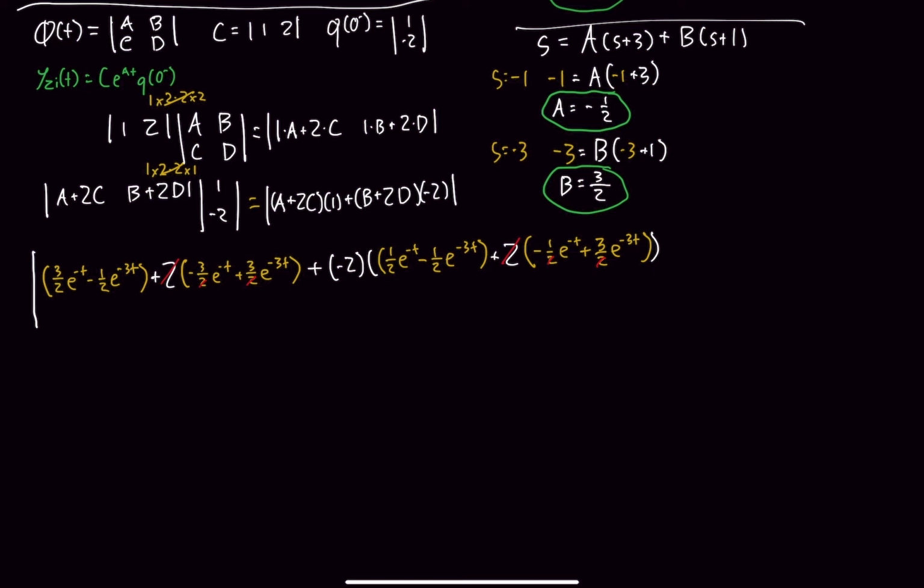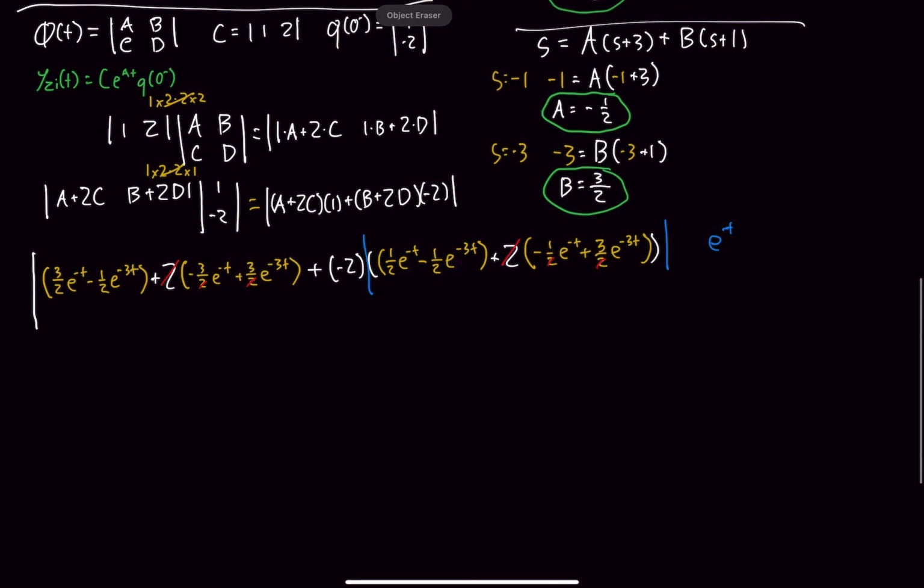Let me do this side first. I'm going to replace e to the minus t with alpha, and e to the minus 3t with beta. I don't want to be writing all this out.